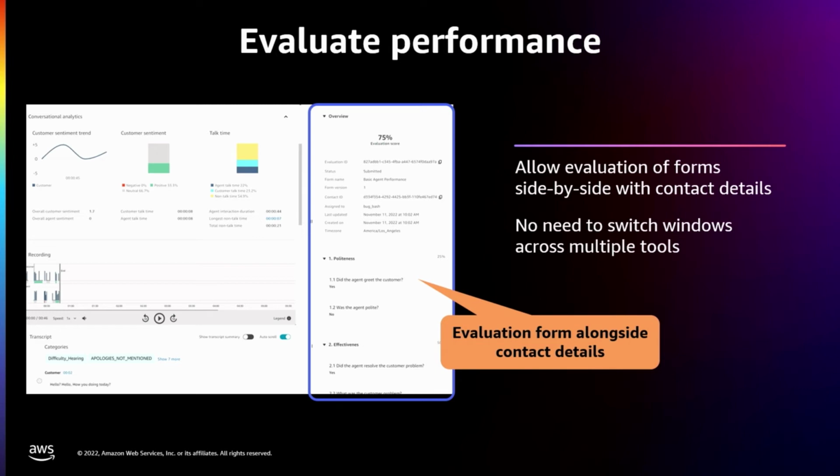There's a customer sentiment overview, and here you have reference to a recording file. With Contact Lens analyzing this call, now we have a few category tags to give people a glance view of what was going on, and you can turn on the contact summarization. Side by side, there's a side panel that tells the supervisor what the evaluation criteria are, and Contact Lens would automatically pre-populate results in the questions.